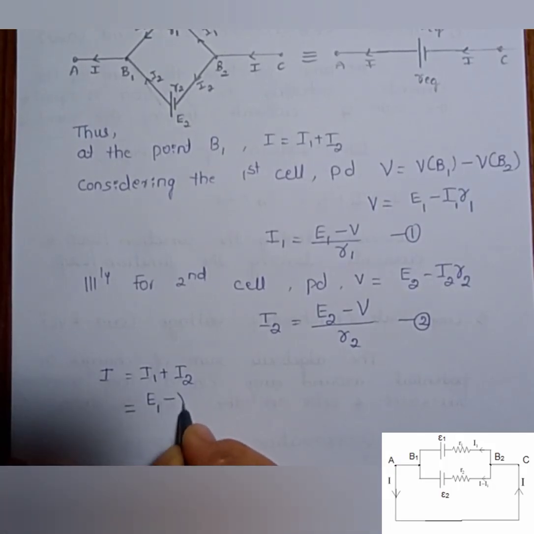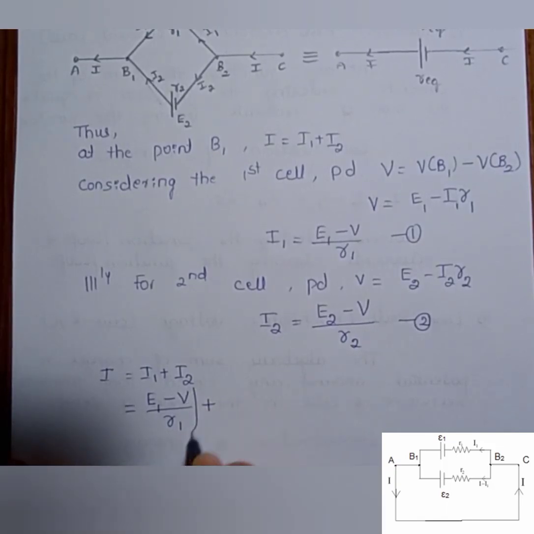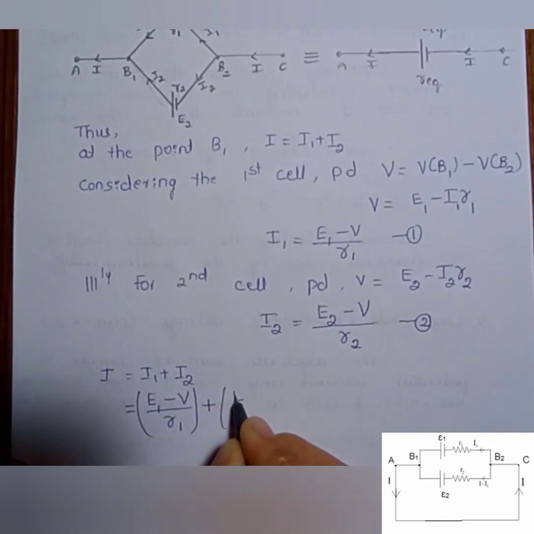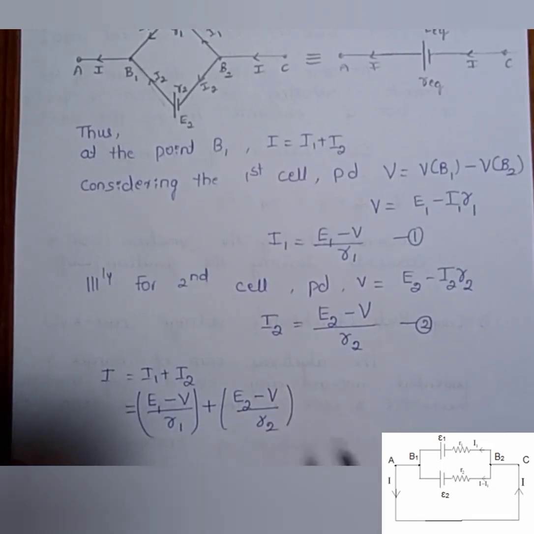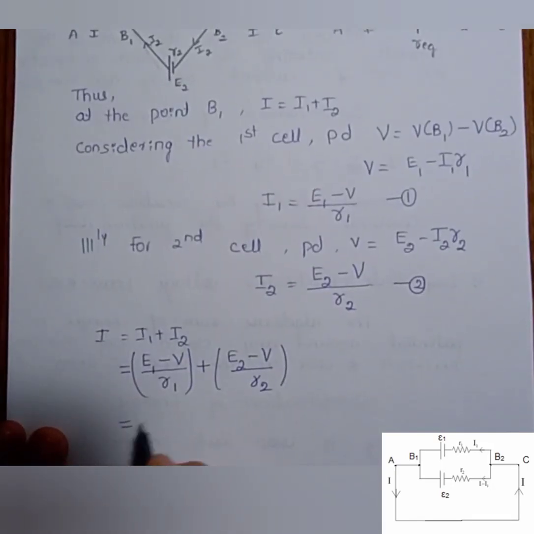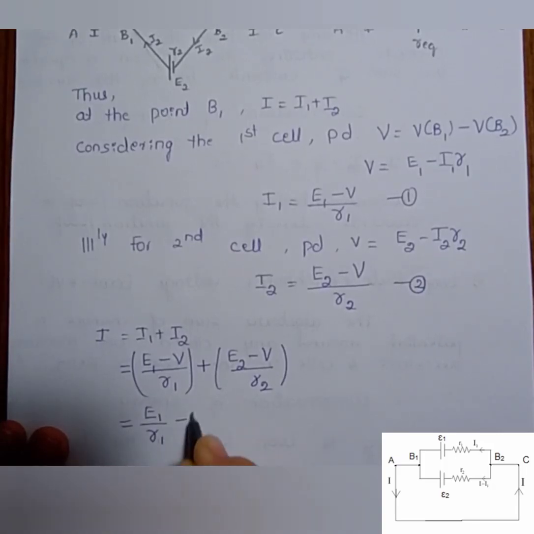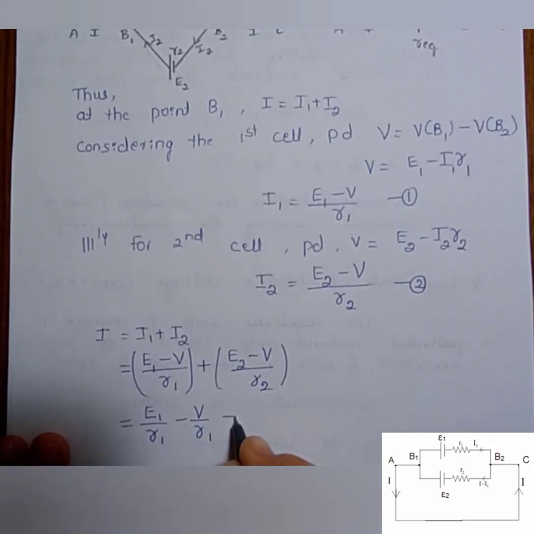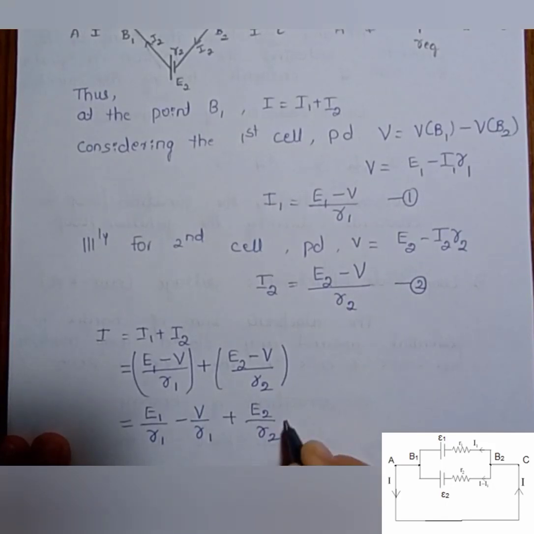That is E1 minus V divided by R1 plus E2 minus V divided by R2, which is equal to E1 by R1 minus V by R1 plus E2 by R2 minus V by R2.